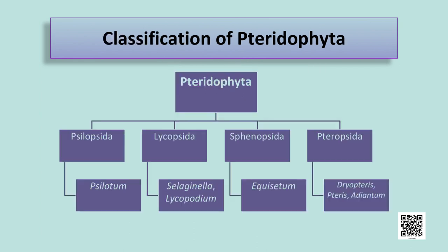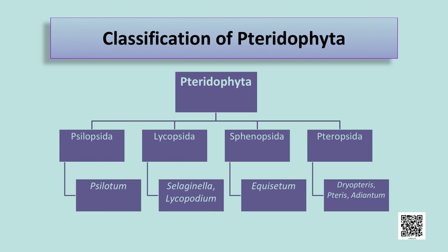Pteridophyta are classified into four main classes. The first class is Psilopsida. This class is considered the most primitive one and the members are known only as fossil plants. An example is Psilotum. The next class is Lycopsida. They are commonly known as club moss. An example is Selaginella.